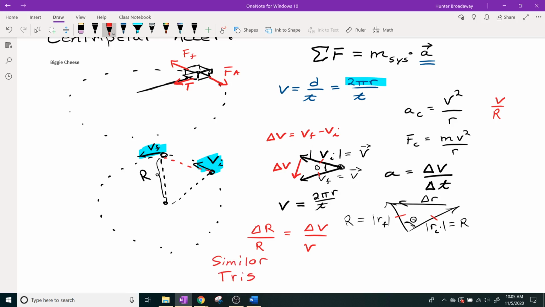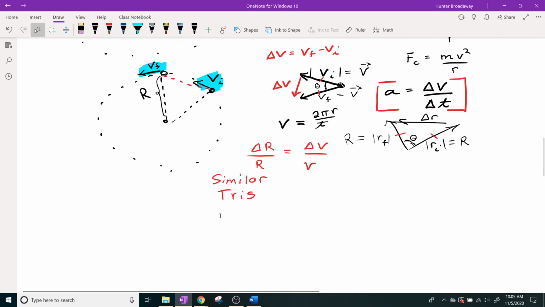Okay, we know that the acceleration is equal to delta v over delta t. I had written that one last time right here, and I'm going to rewrite it because I already put a bunch of stuff in the way. So I'm going to rewrite it and give myself a little more space.